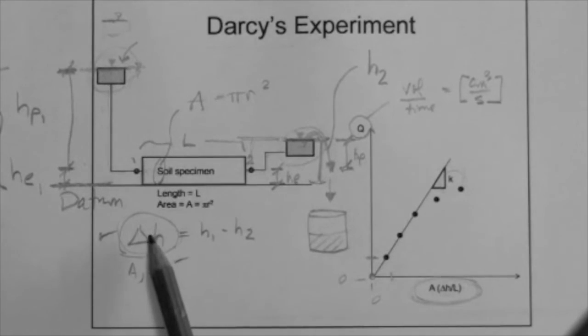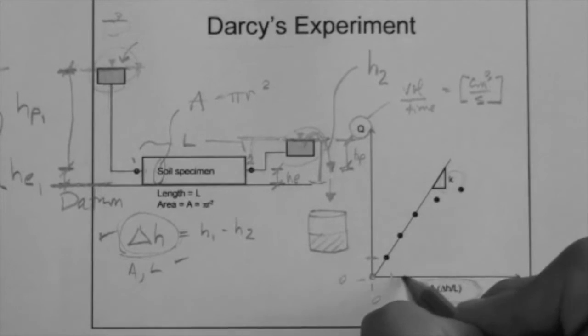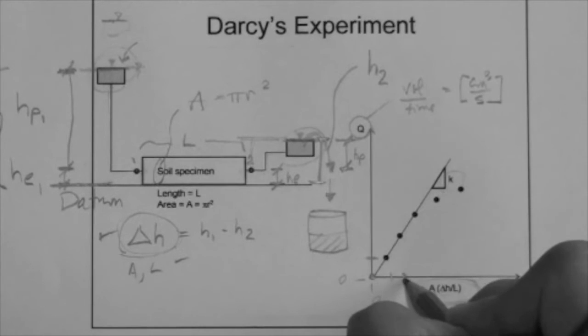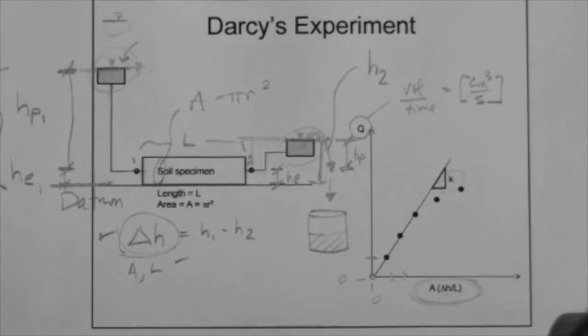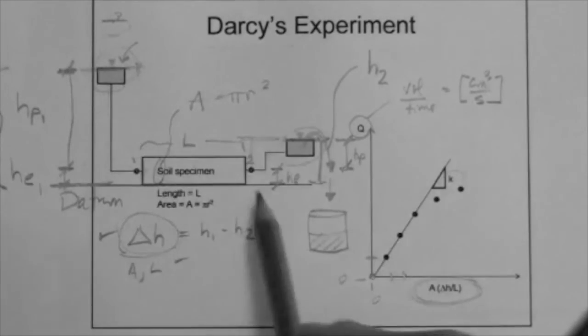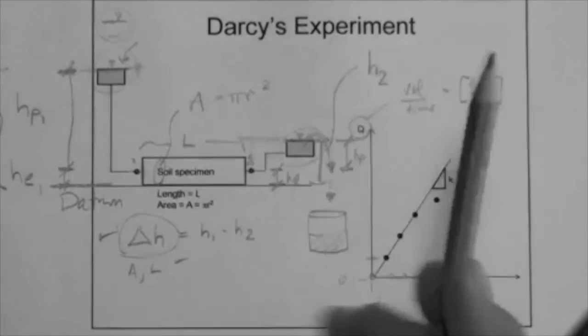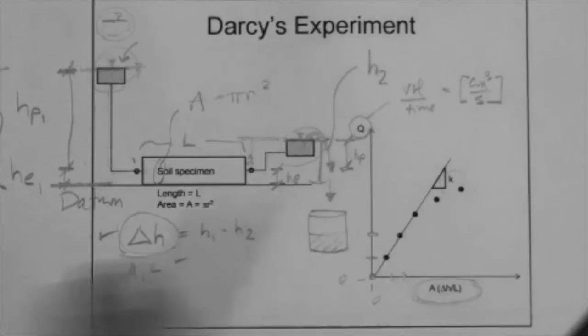So the delta H is larger, therefore this ratio or this compilation becomes larger. And then he measures the Q for that system, the system where the inlet reservoir is here. And he gets a higher Q.